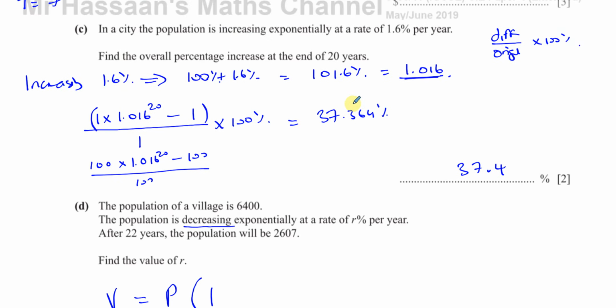Basically what we did here was 100% plus 1.6%, which is like 1 plus 1.6 over 100, just changing that into decimals. That's what gave us 1.016.